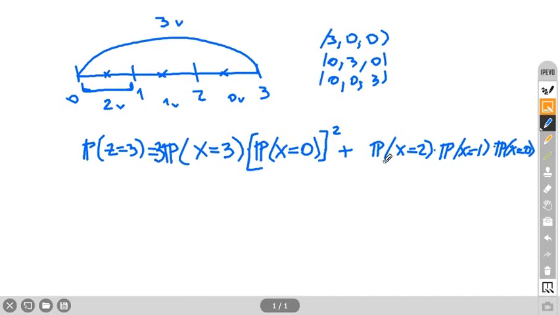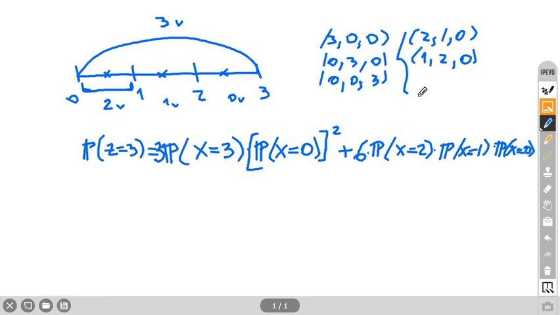So 3 times that, plus how many times I will have this kind of shape. I can have 2, 1, 0, or I can have one view in the first hour, then 2 in the second, then 0, etc. So if I calculate all these arrangements of 2, 1, 0, I will have 6.